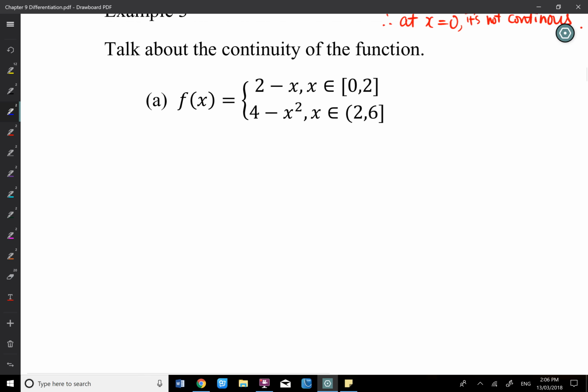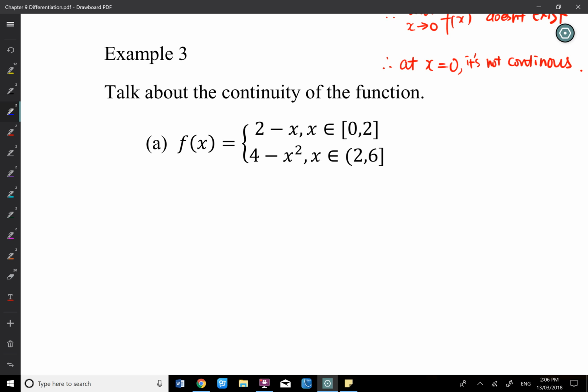All right. Example 3. Two more examples. I'm so tired. Let's finish. Two more examples. Talk about the continuity of the function. Well, we will only talk about the continuity for a function when it's a hybrid function. There's really no point to talk about the continuity for a continuous graph. For example, give you a quadratic, tell me whether it's continuous or not.